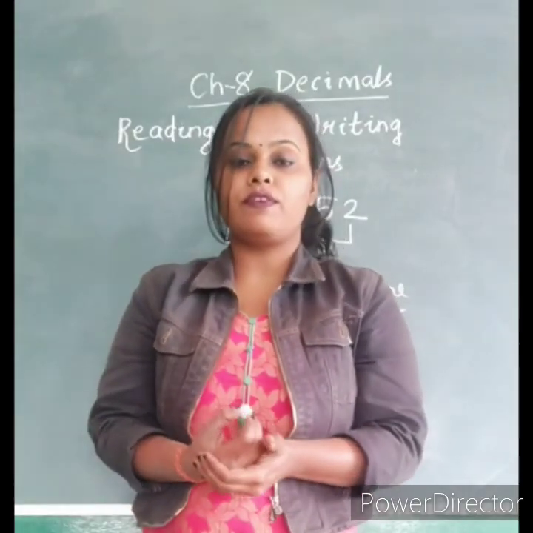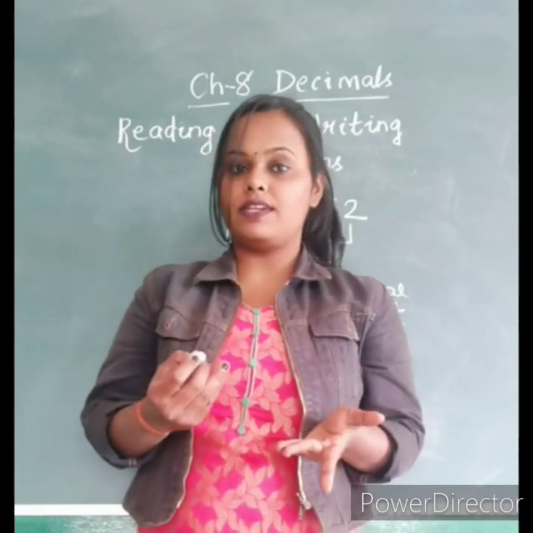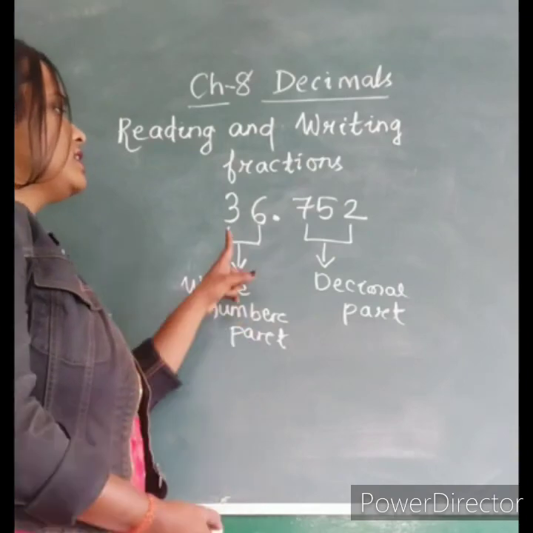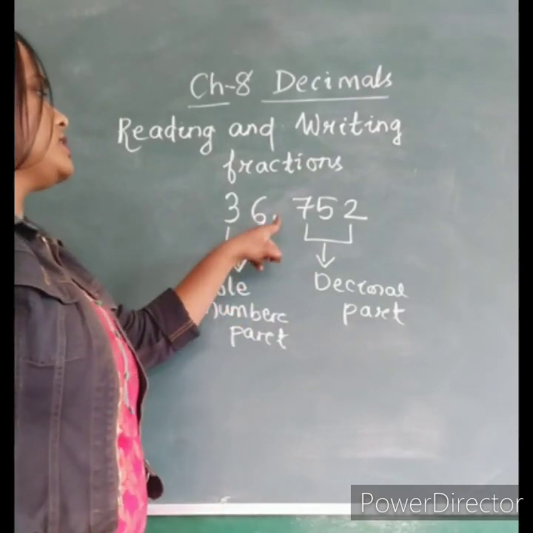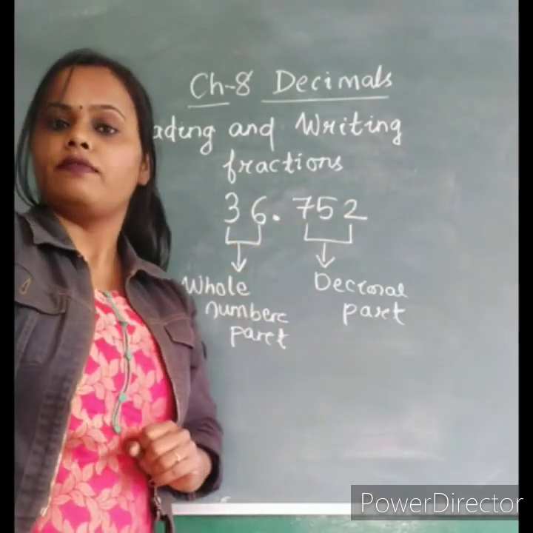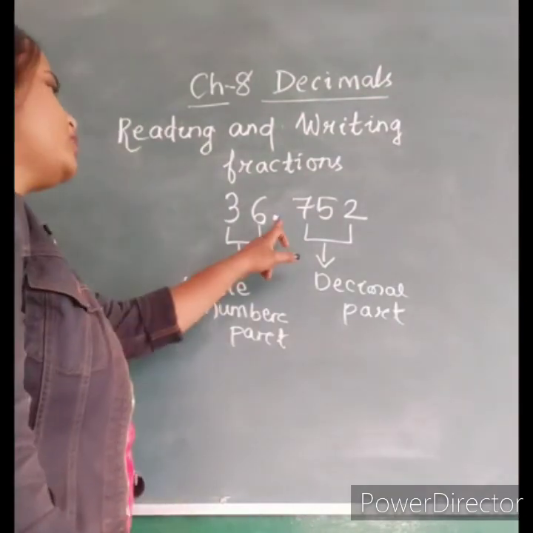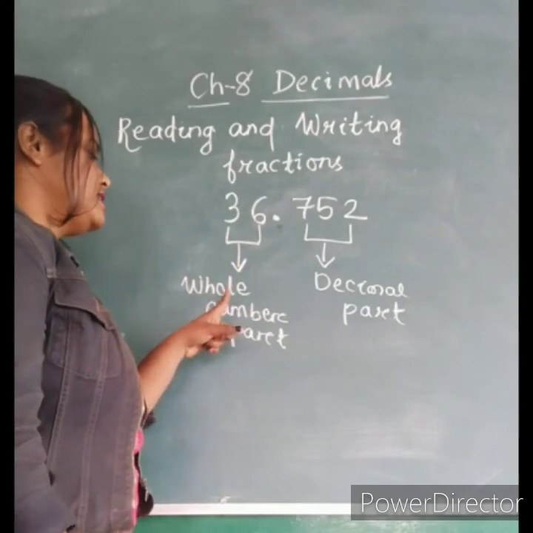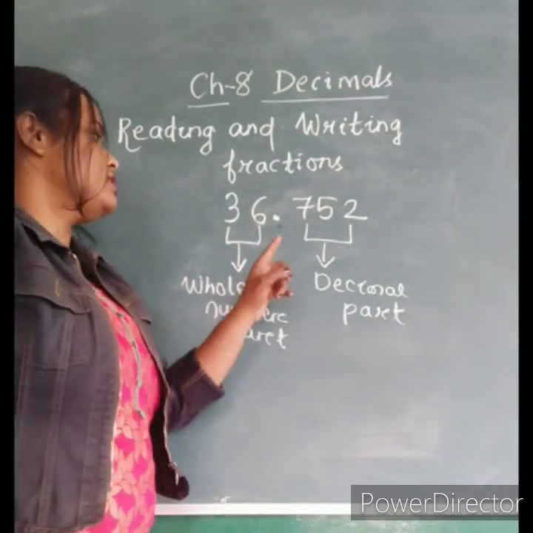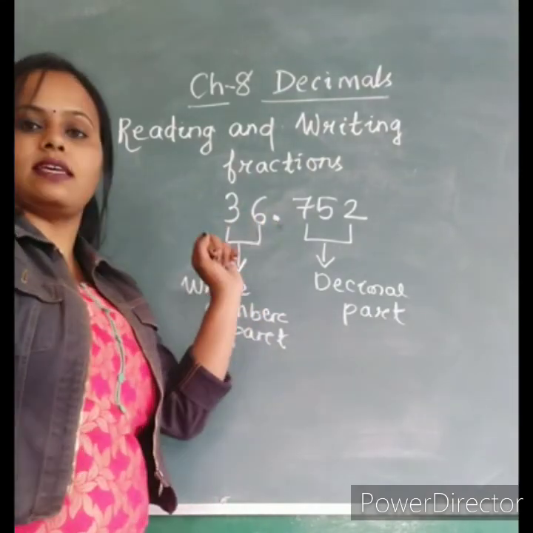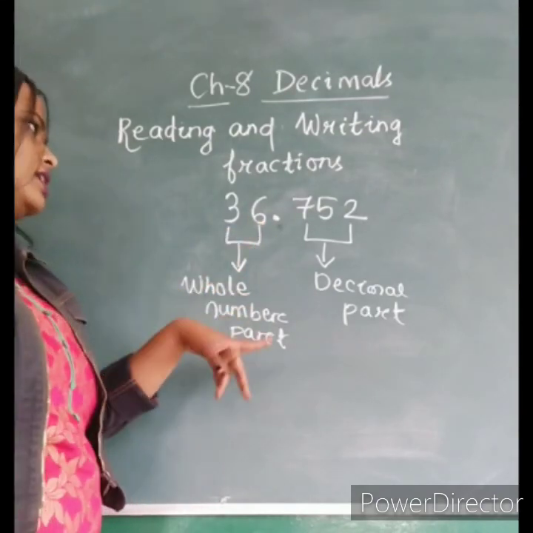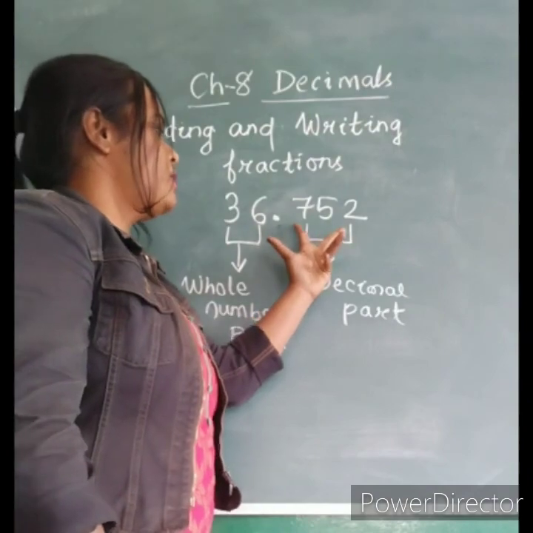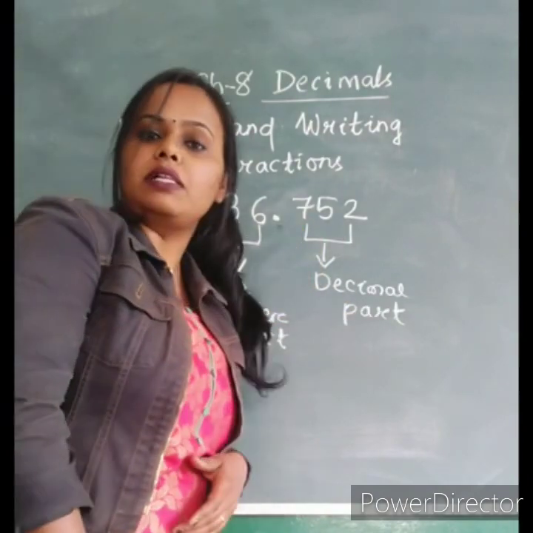Okay children, so now we will learn how to read and write the decimal. I have already mentioned on the blackboard, you can see the question is 36.752. The part before the point is called the whole number part. So before the point we have 36, so this is the whole number part. After the point we have 752. So this part after the point is called the decimal part.